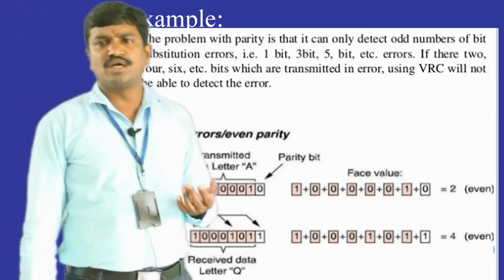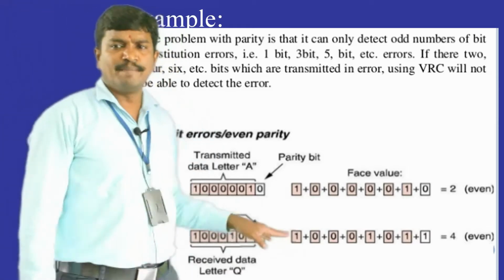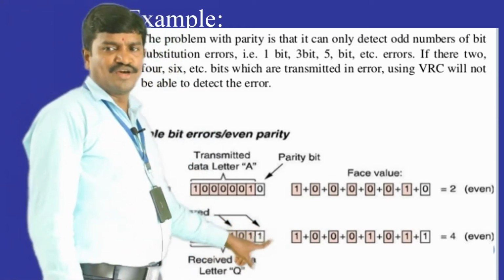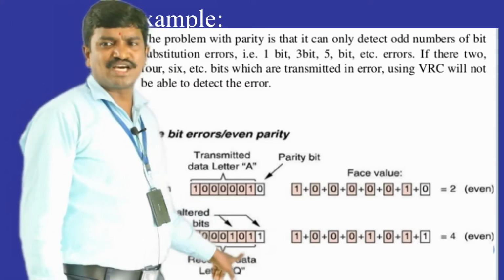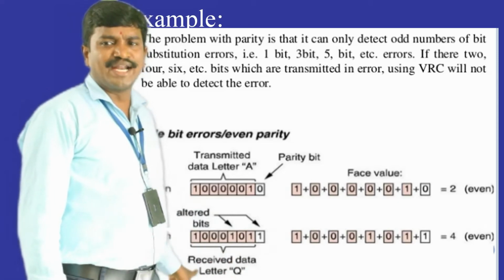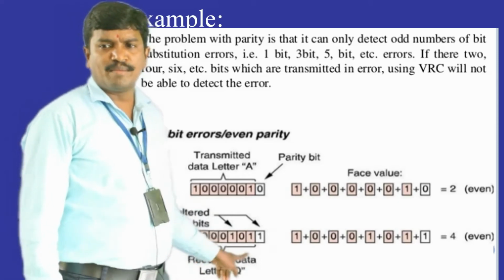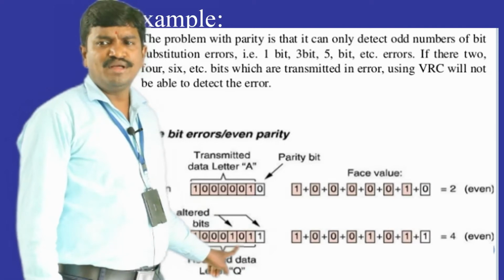There is a scope to corrupt the parity bit also. So when the parity bit is corrupted, it becomes 1, and one of the content bits is changed. Now this value corresponds to the Q character. Now if you count the number of ones in this code word, it is even.